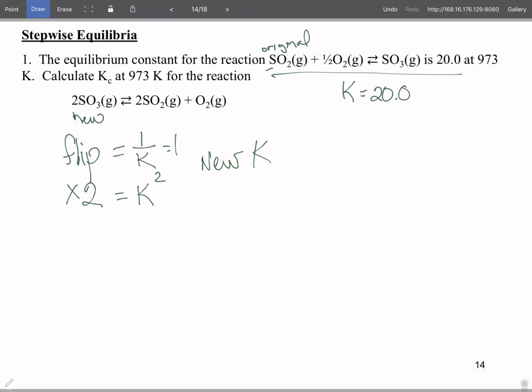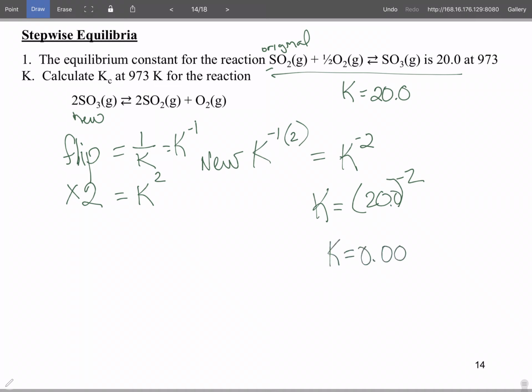And remember, another way to write this is K to the minus 1, times 2, so this is K to the minus 2. So my new K is equal to 20.0 raised to the negative 2 value. When you do this, your K comes out equal to 0.0025. So that's the new K value.